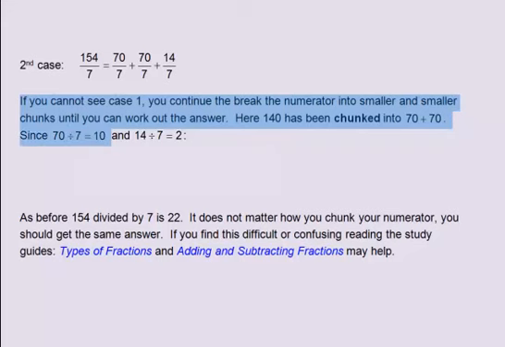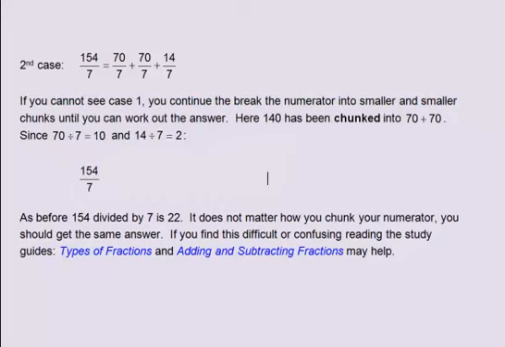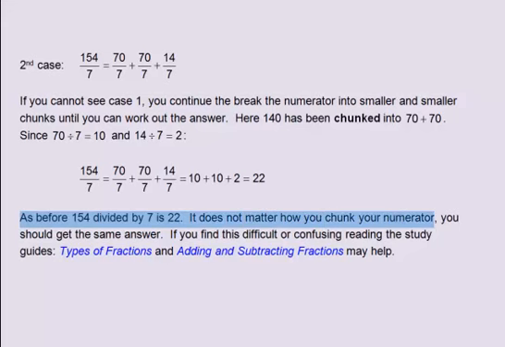Since 70 divided by 7 is 10 and 14 divided by 7 is 2, 154 divided by 7 equals 70 divided by 7 plus 70 divided by 7 plus 14 divided by 7, which equals 10 plus 10 plus 2, which equals 22. As before, 154 divided by 7 is 22. It does not matter how you chunk your numerator, you should always get the same answer.